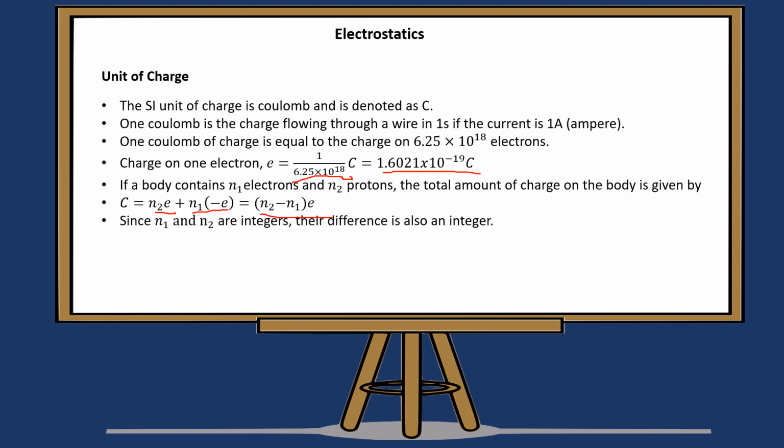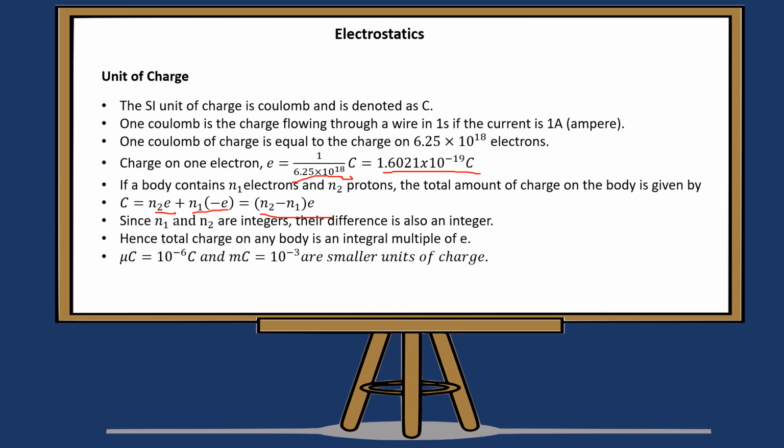Since N1 and N2 are integers, their difference is also an integer. Hence, the total charge on any body is an integral multiple of e: quantization of charge. Smaller units are microcoulomb, 10 raised to minus 6 coulomb, and millicoulomb, 10 raised to minus 3 coulomb.